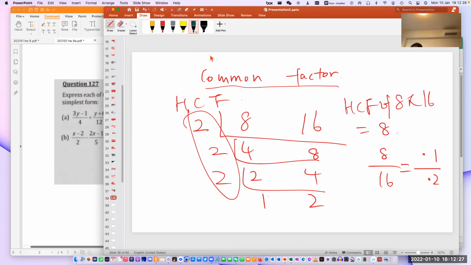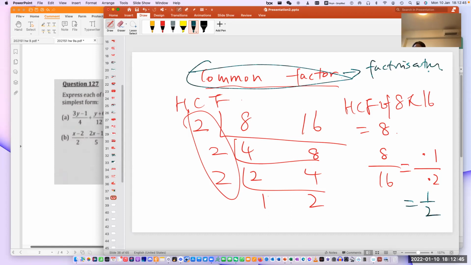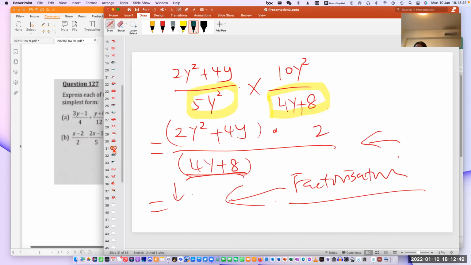And then your answer is 1 over 2. So the concept of common factor will lead to factorization, which is slide 31. All right, so let's continue from here.